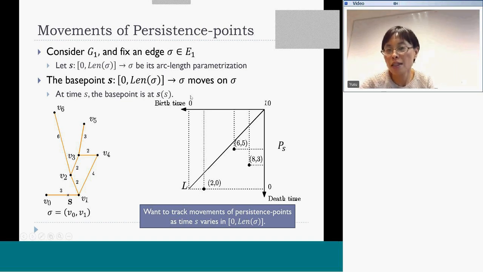I'm going to call this plane containing the persistence diagram the first step plane, and all the points inside I'll call persistence points. So first we'll track the movement of these persistence points as the base point moves inside the edge.